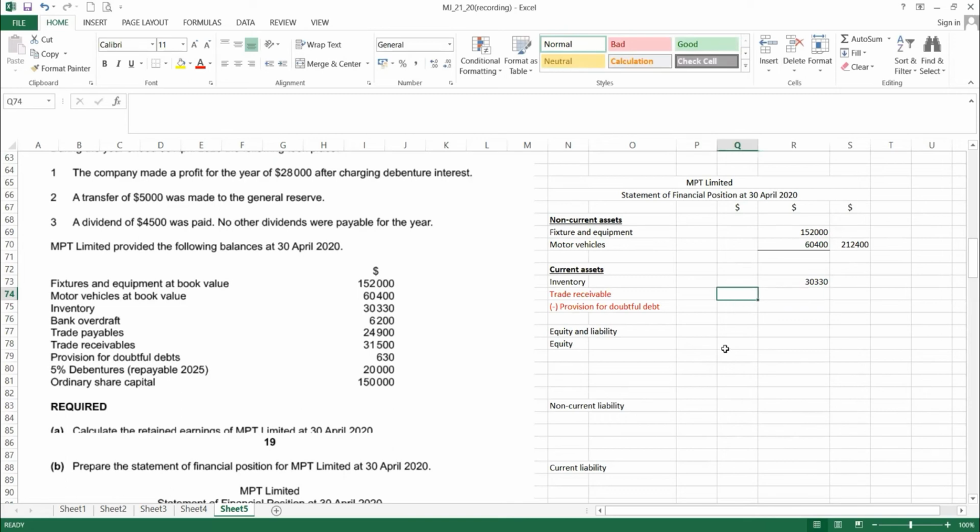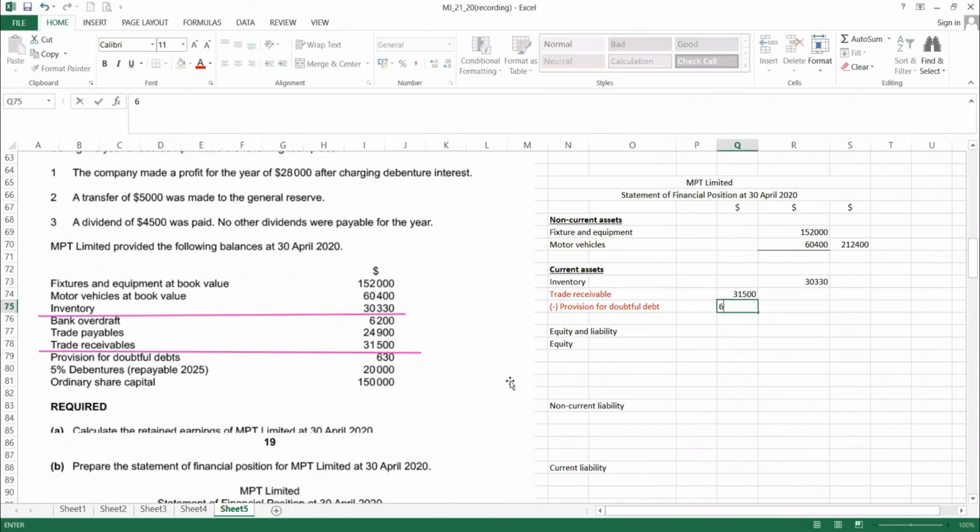Okay, now we can use the first column because we want to show the net amount. So trade receivables, as I said before, in case there are too many lines and you feel confused, you better draw the line in between so that you can see the numbers more clearly. Okay, trade receivable amount is 31,500.